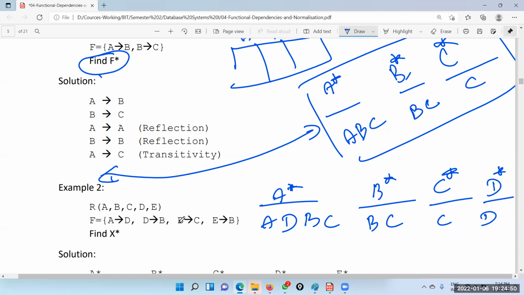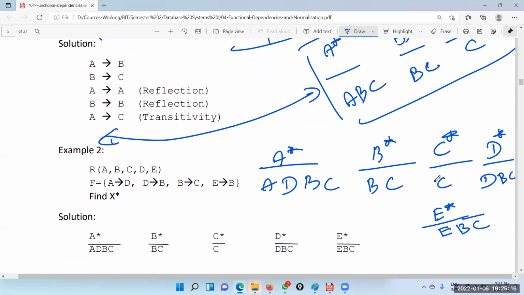D determines D, and D determines B, B determines C, so therefore BC also comes. Right? What about the E closure? E determines E by reflexivity, and also E determines B, and also B determines C, so therefore C is also determined. So those are the closures.